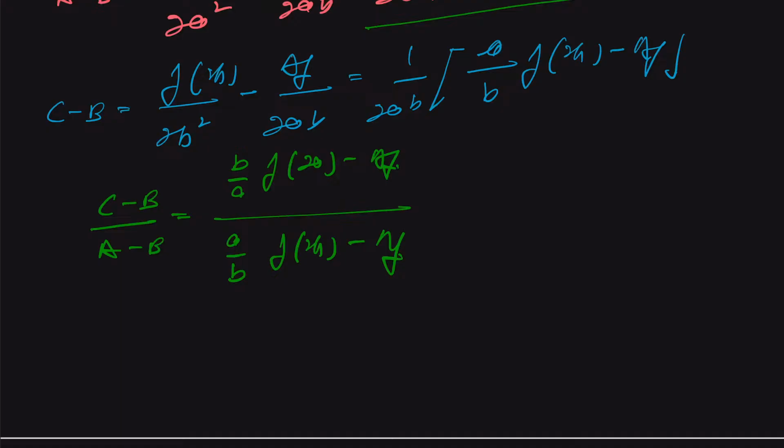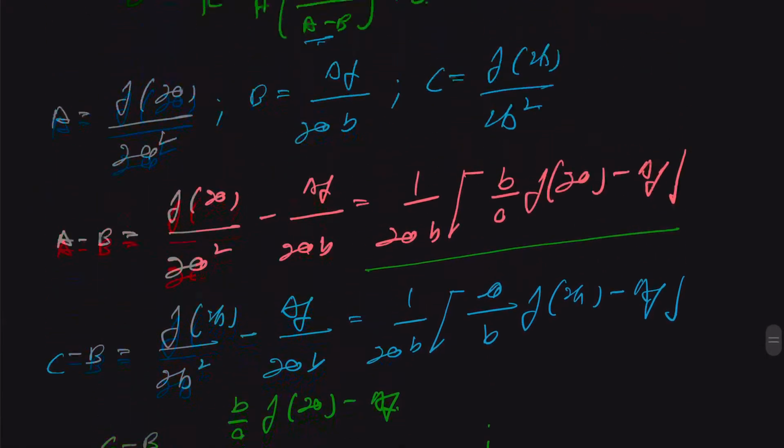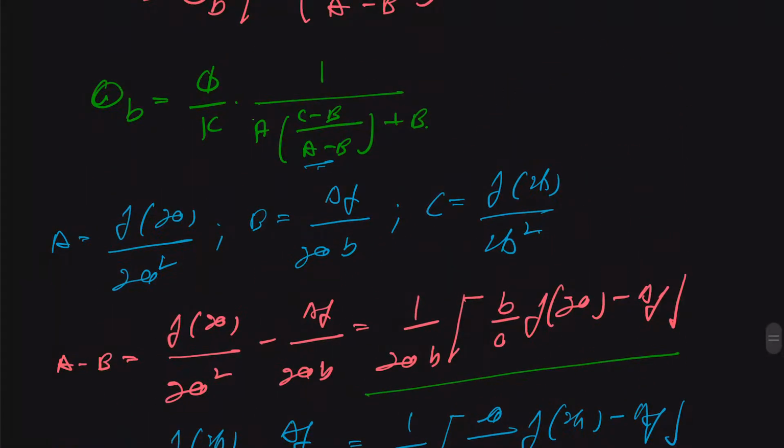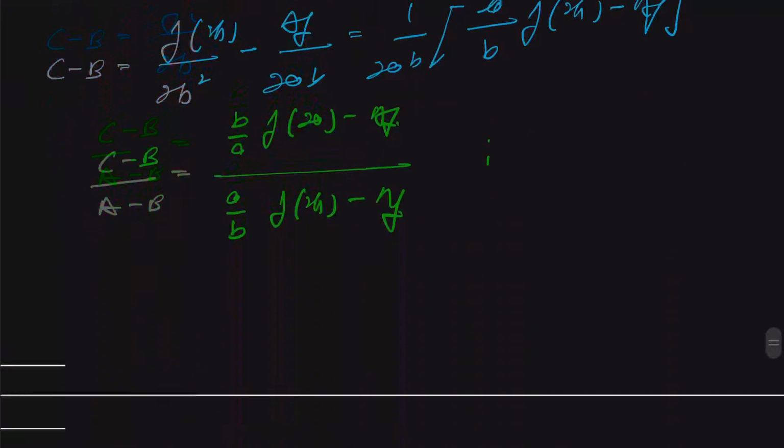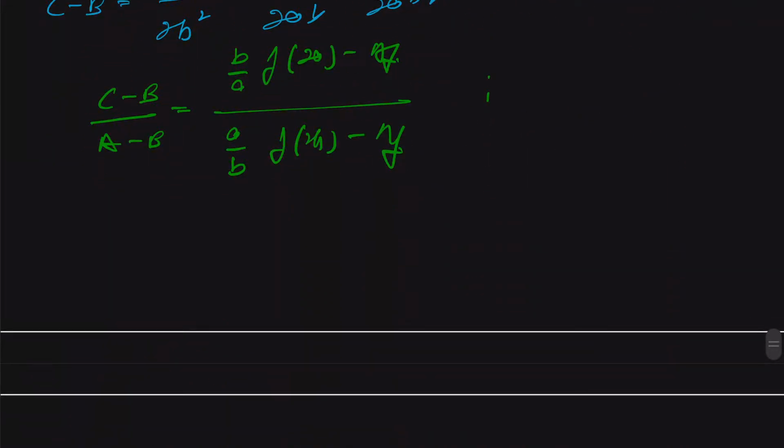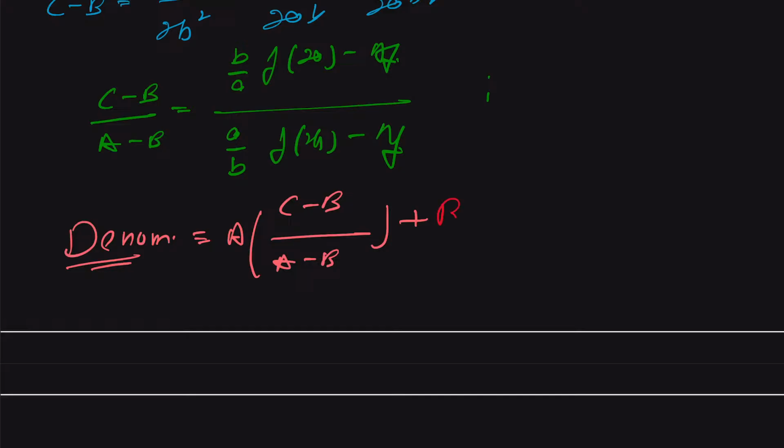And we also know, because we are interested in the denominator, so we are interested in this denominator. Therefore we can write that our denominator is equal to c minus b, a minus b, and plus b.